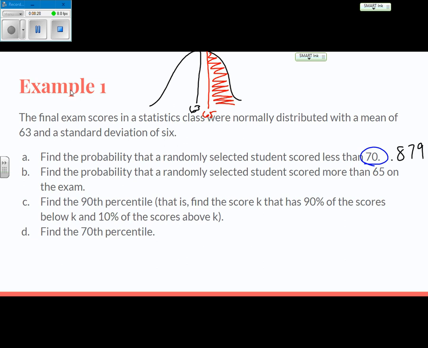I've got to find a z-score each time. What's my z-score? Two decimal places. 0.33.